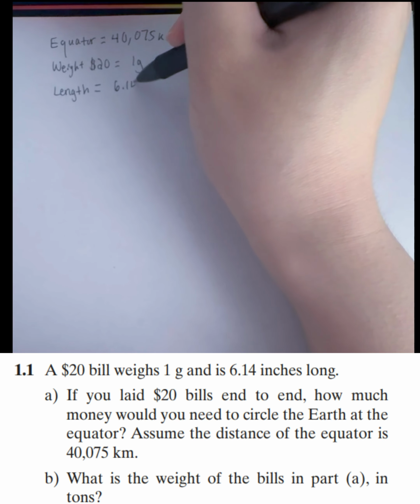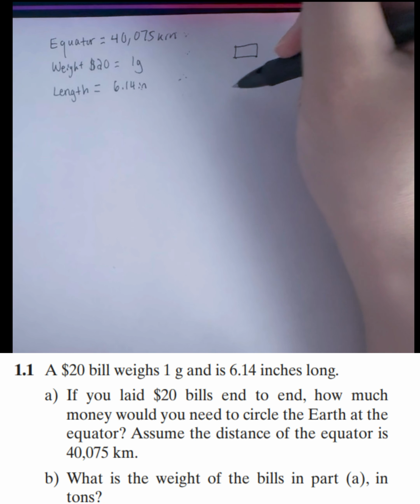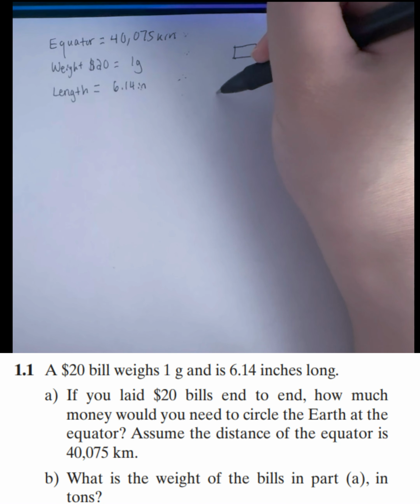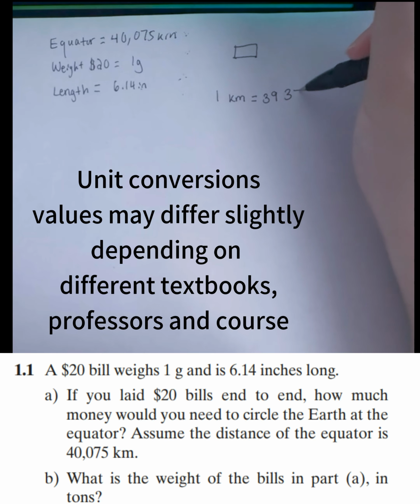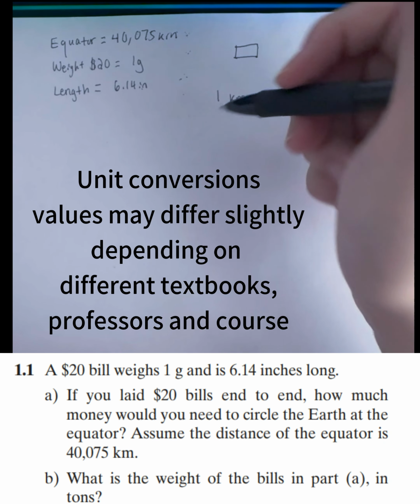So there has to be some sort of unit conversion that needs to be done in order to get from here to here, right? So let's write down the conversion. 1 kilometer is actually equal to 39,370.1 inches, right?